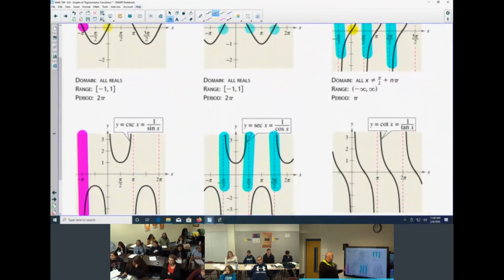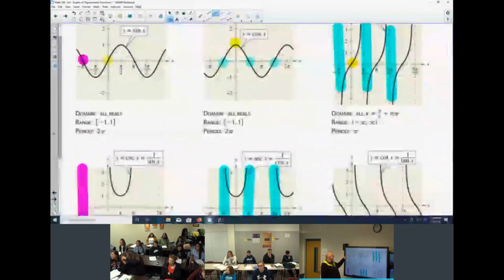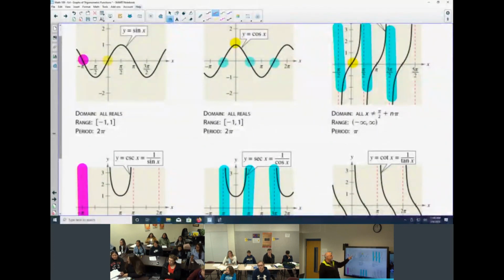Cosecant and secant look very similar with the U shape. You've got to get the vertical asymptotes right. For cosecant, the vertical asymptotes occur where the sine is 0. For the secant, they occur where the cosine is 0, because it's 1 over that.